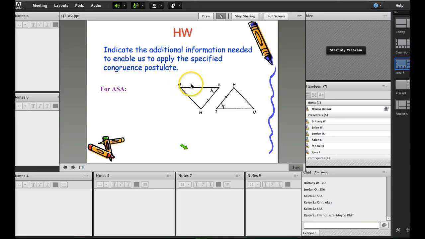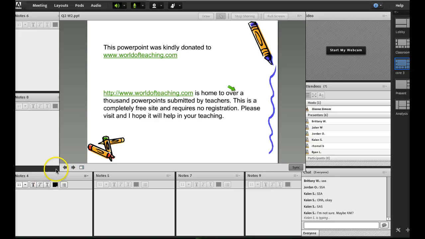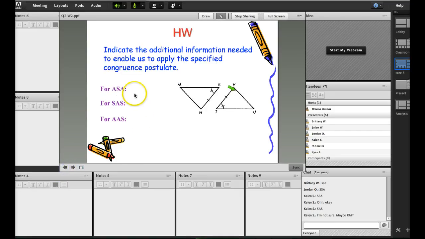Well, okay, for this one, what we have is an angle. We have a side, so we have to know that N is equal to V. Okay, so we need angle N and angle V.